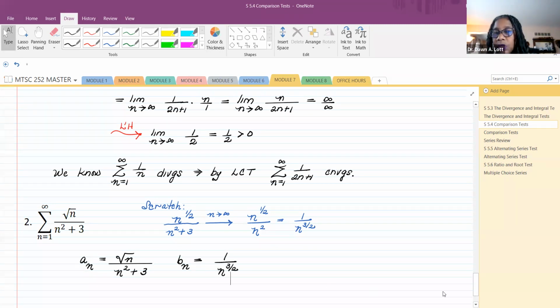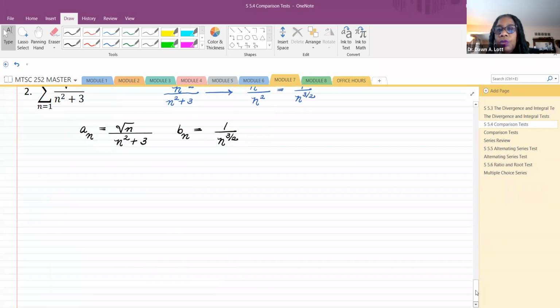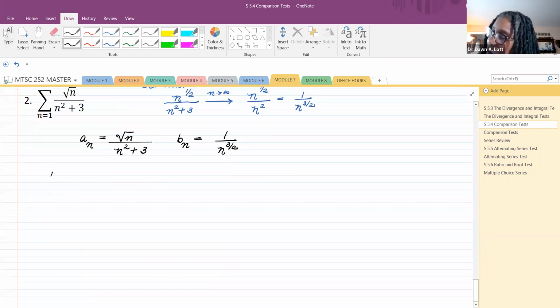So what I want you to do is compute the limit as n approaches infinity of an divided by bn. Okay.